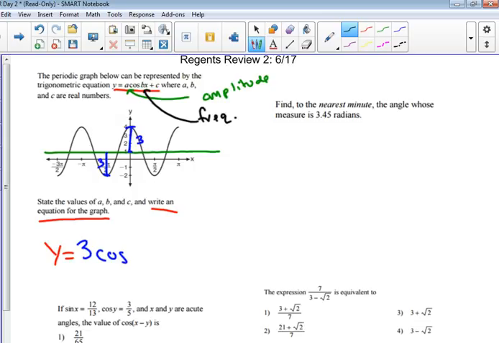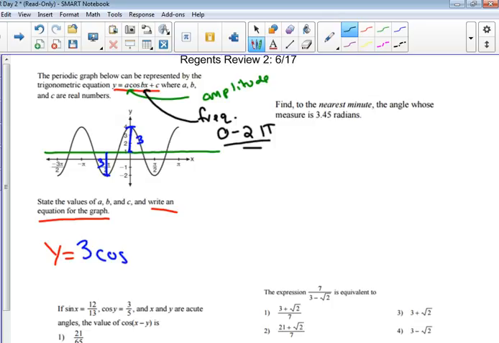Okay. And this is a tough one. Does anybody know what frequency shows? How many full cycles, full curves, between what though? 0 and 2 pi. Yes, good job. The frequency is how many full curves you see between 0 and 2 pi. It's a little tricky because a lot of times they don't show you 2 pi.